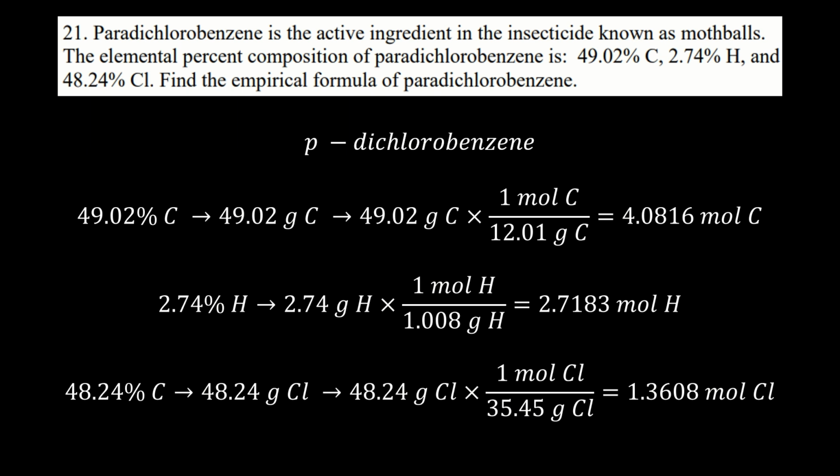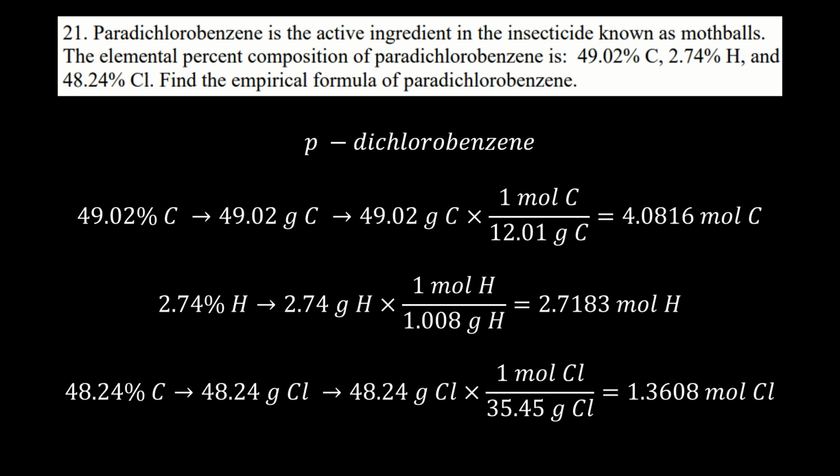For these types of scenarios, I usually prefer to go to 4 decimal places for my mole amounts when I'm going to eventually calculate empirical formulas. But you could go further past that if you would prefer.